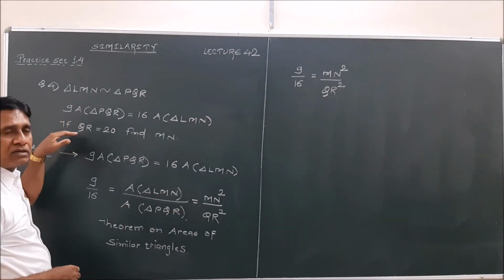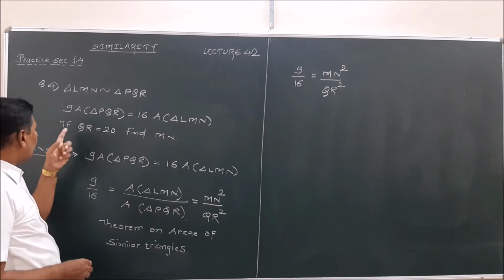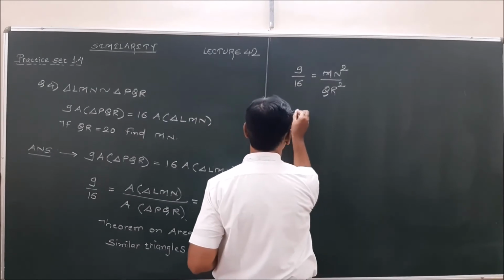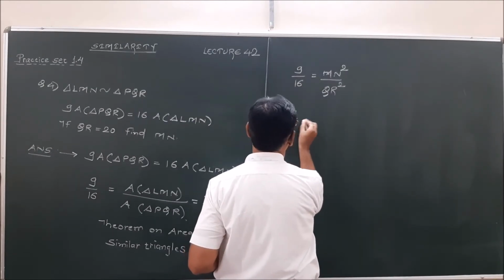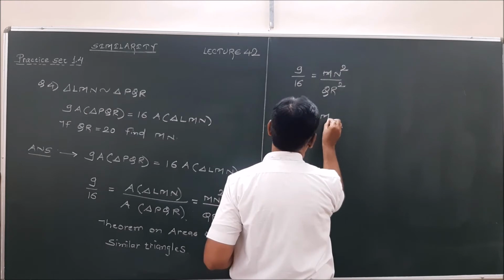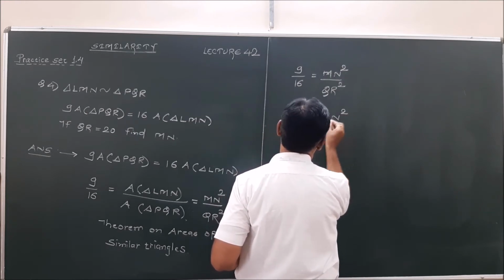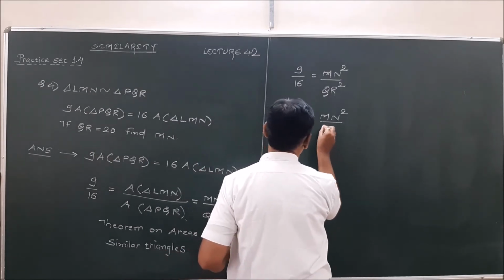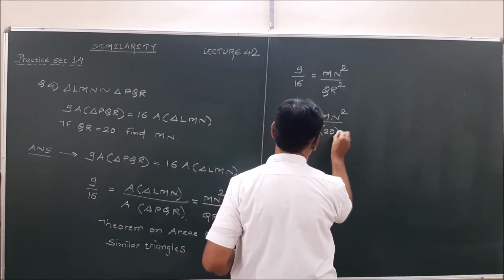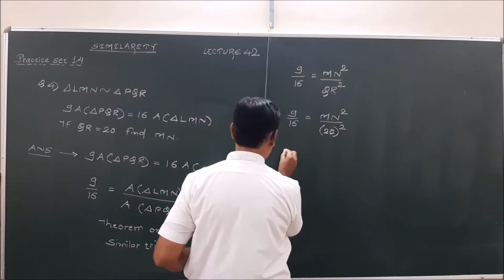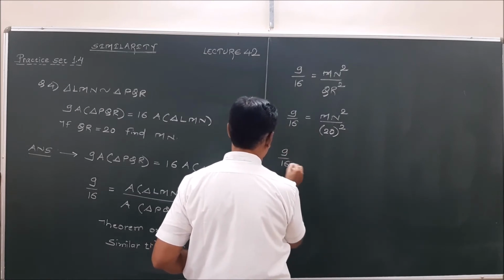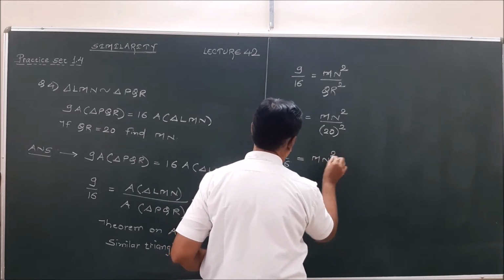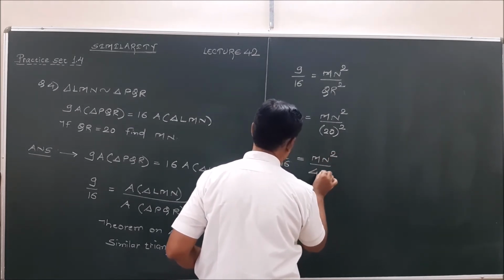Come back to the question. If QR is 20, okay, so 9 upon 16 is equal to MN square upon 20 square. So 9 upon 16 is equal to MN square upon 400.